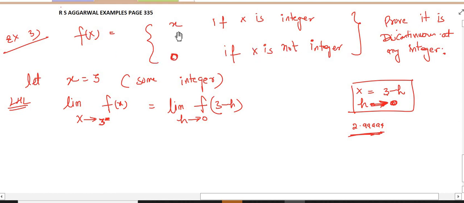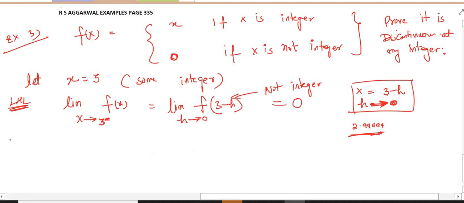The function has two possible values, either x or 0. x, if the number inside f is an integer, so I take x out. But if this number is not an integer, then I take 0. So what is this number here? It's not an integer. So what will come out is 0. That's it. So I am getting left hand limit 0. Let me write it down here. This is 0.